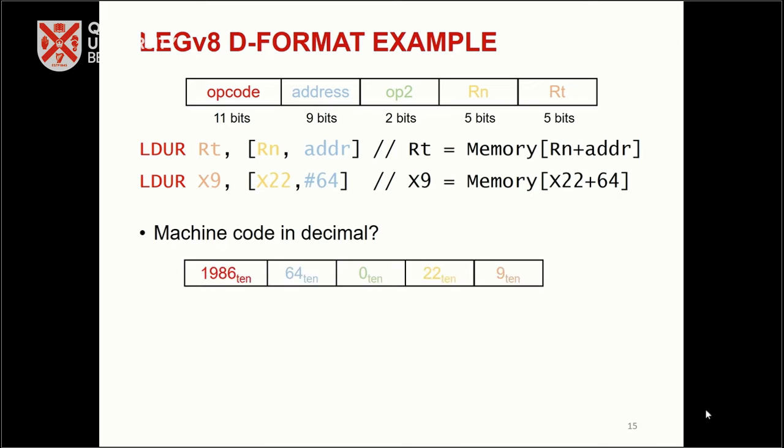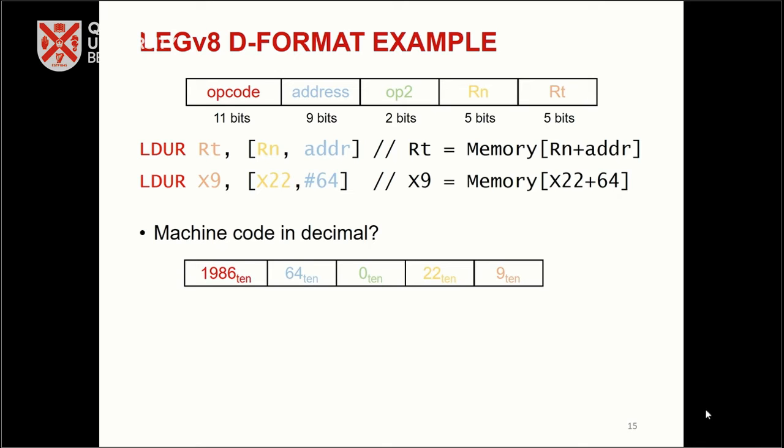So we have just done the same as before for the other instruction. We have just gone to the reference data. We have seen that the operation code for this instruction is this number, and then for the rest we have here the address for this field, which is 0 from now.